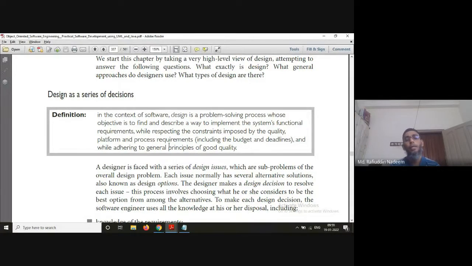You have gathered the functional requirements using the requirements phase. Functional requirements are those requirements which are offered by your system and which are available for the users to use. Like I have given you the example of an ATM machine.